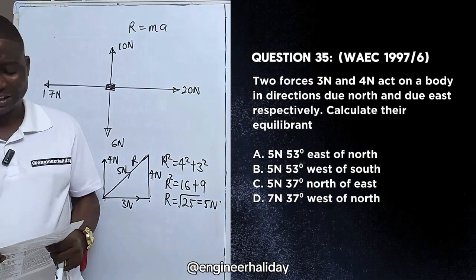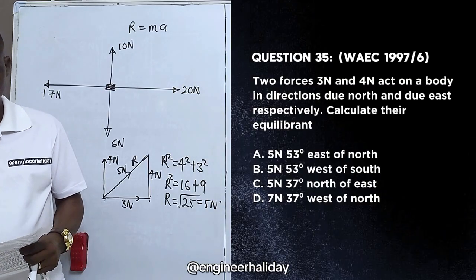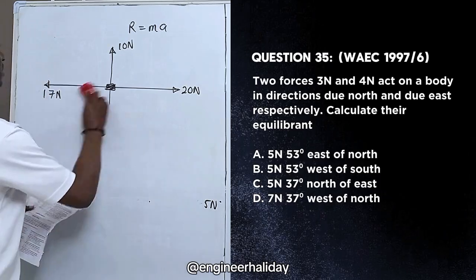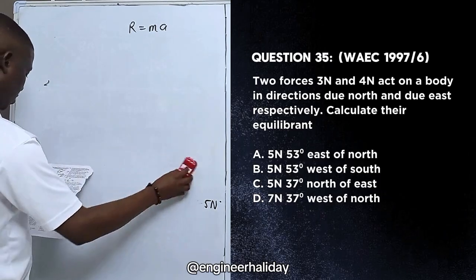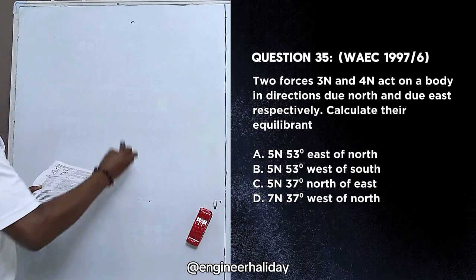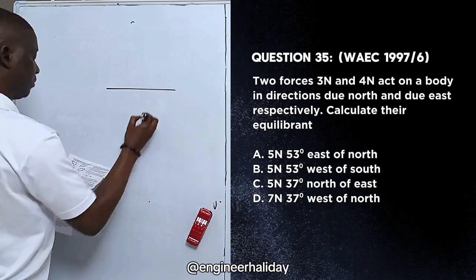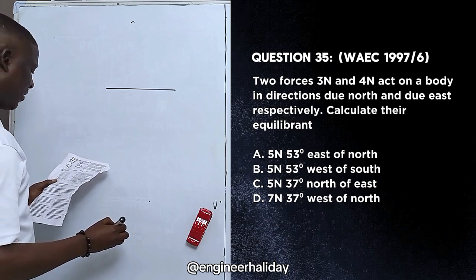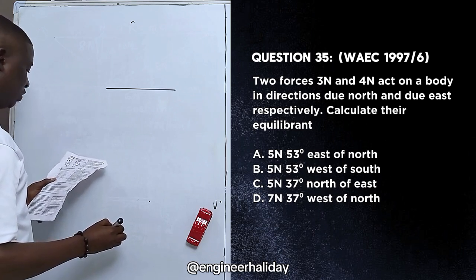When you solve that question, you will see. For question 35, you do not want to waste your time. Now they say two forces, 3 Newton and 4 Newton, act on a body due north and due east.